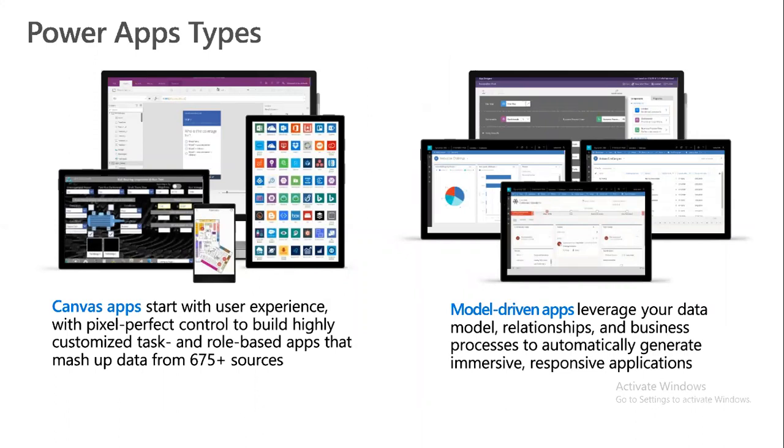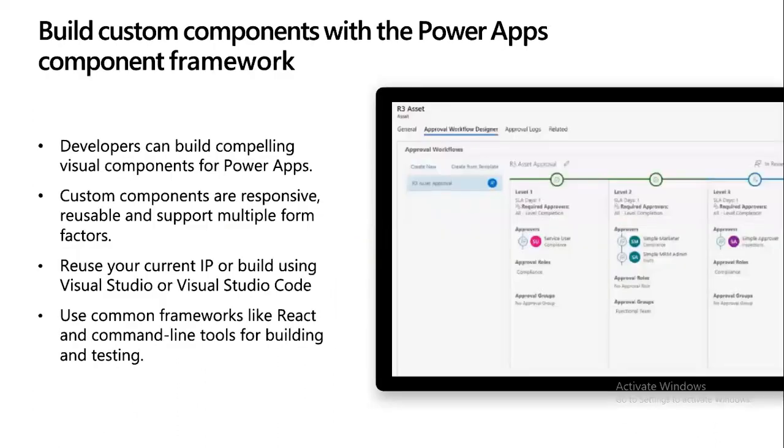Discussing this one here, you'll first design. You'll first leverage your data. Based on your data, you're going to design your app and relationships, and generate immense responsive applications. We'll be seeing the custom components with the Power Apps Component Framework.